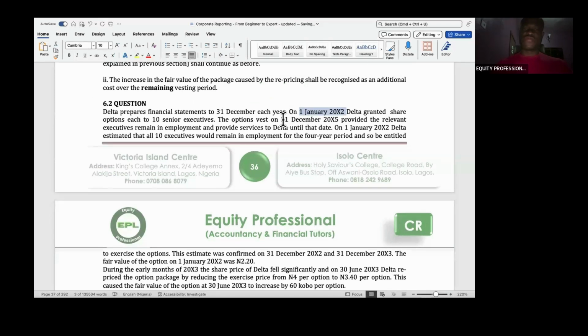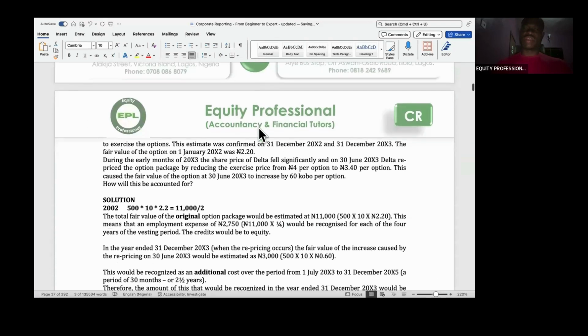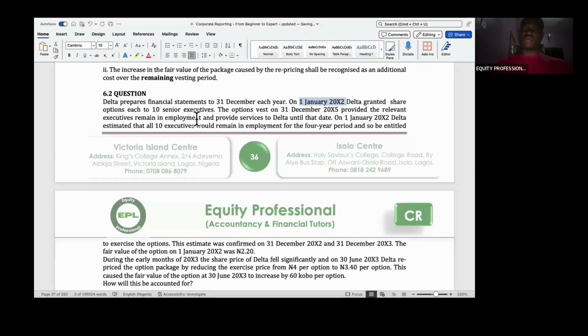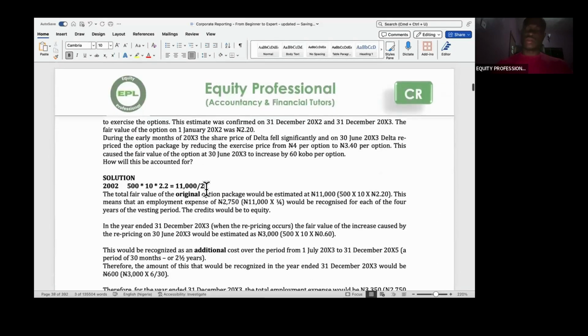Since it's going to vest on 31st December 2005, and it's starting from January 2002, we divide it by 4. What does that give us? That's 2,750. So what's the double entry for this 2,750?